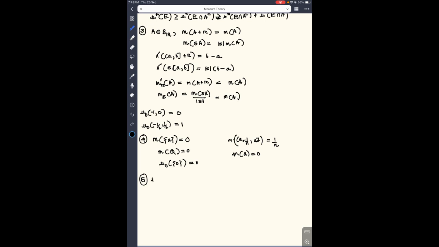So check one thing: M of any compact set C is finite, because if C is a compact set of R, C is contained in some interval A, and this has finite measure. This is true for the Lebesgue-Stieltjes measure also.